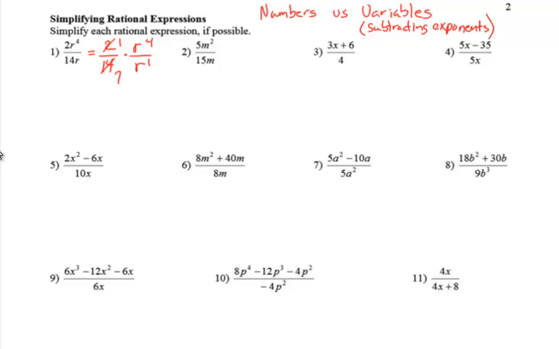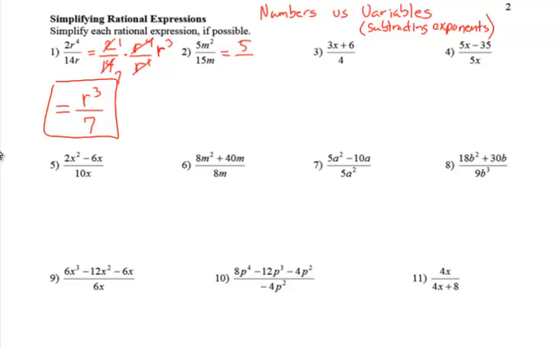So when we subtract that, here it's 4 minus 1, so it's r to the 3rd. Now the thing you have to be careful of is where does that end up? So notice r to the 3rd is in the numerator and 7 is in the denominator. So we want to leave it there in those places. A lot of times people just arbitrarily move those, and that would be incorrect.